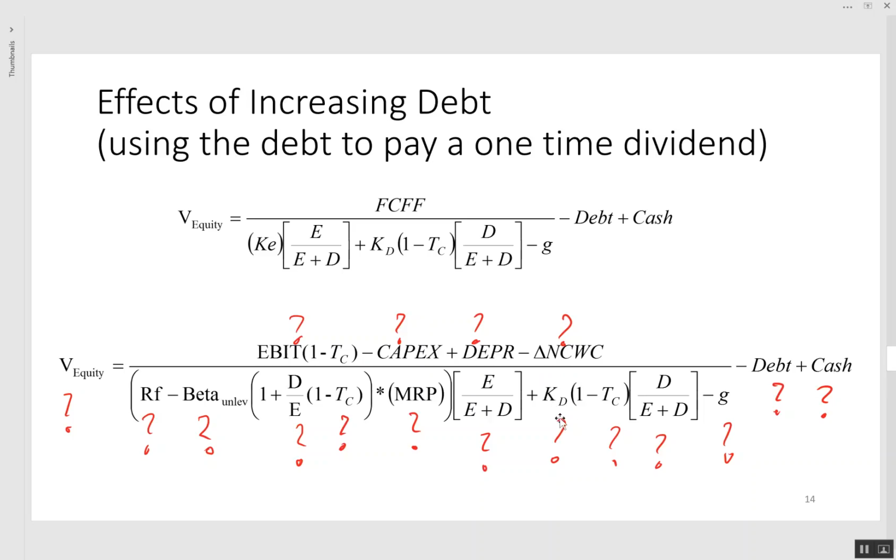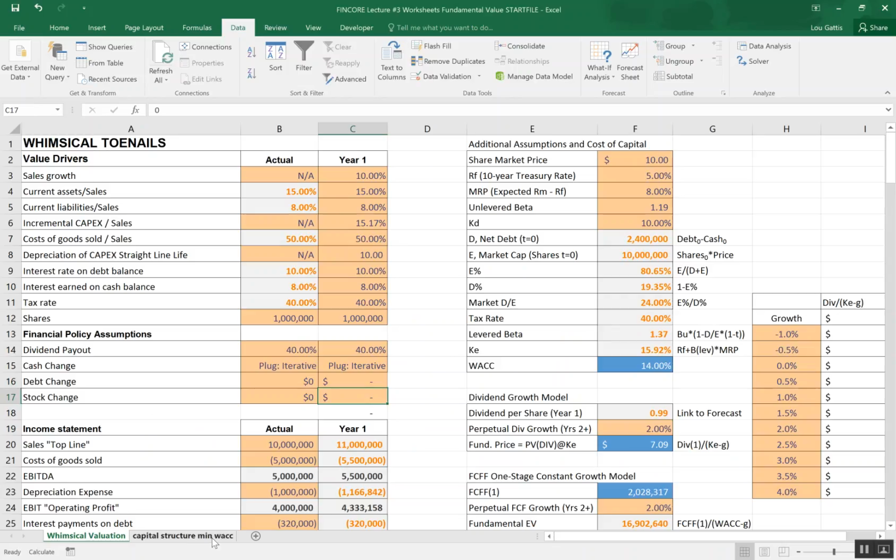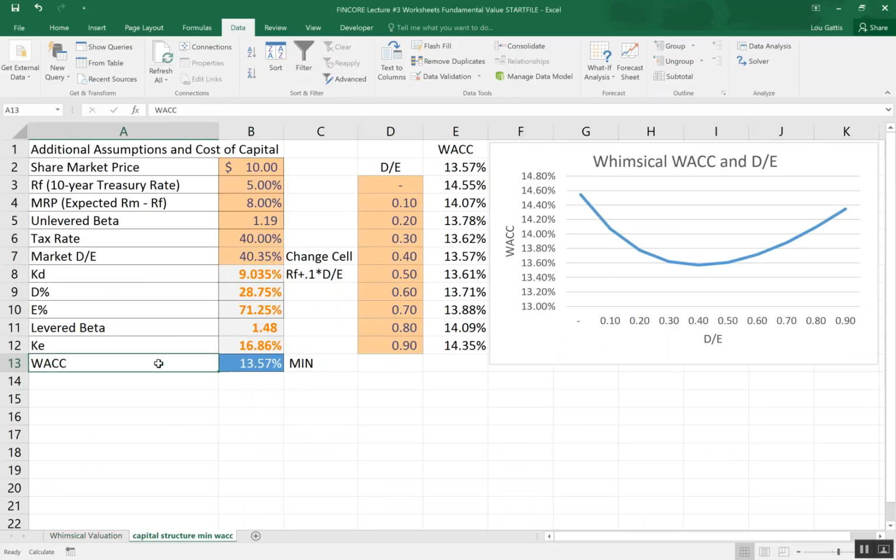As a firm increases debt, the D/E ratio goes up and your times interest earned ratio goes down. It's just going to be a riskier firm. Investors that loan money to you, either through buying bonds or giving you loans, are going to demand a higher cost of debt.